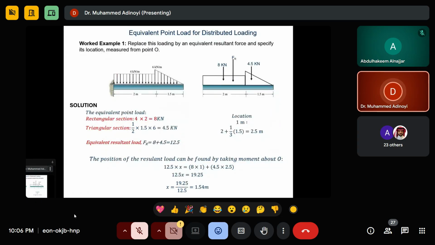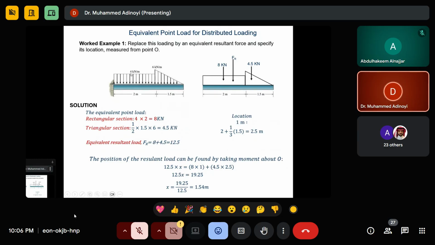So, equivalent point load. Sometimes this is what we call uniformly distributed load, right? For you to solve problems involving this, usually we have to convert what? We have to convert the load into a point load, or what somebody told us the other time, concentrated load.